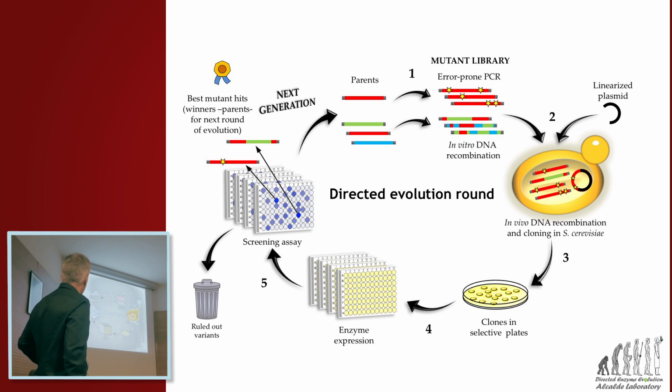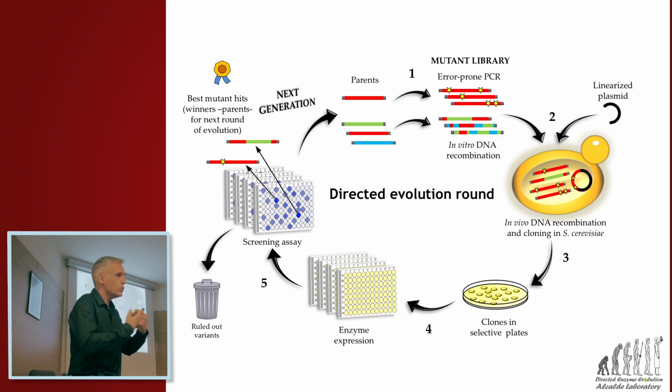In such a way that we select the winners, the best performers of this first round of evolution, against a selective criterion. Let's say that we want to improve the thermostability of an enzyme. We incubate these plates at high temperature. We want enzymes that somehow recognize a new substrate. We offer the new substrate to the mutant library. Only those variants that somehow recognize the substrate and give a colorimetric or fluorimetric response are selected as parental types for a new round of directed evolution.